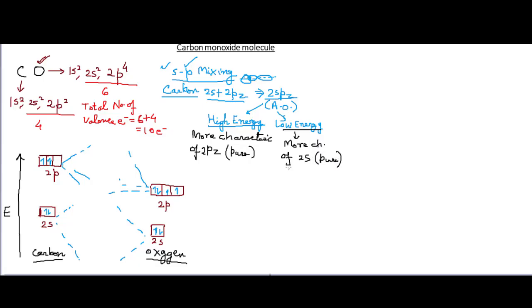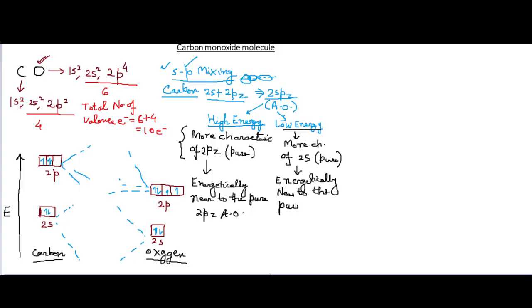What is the meaning of this more characteristic? That means the high energy 2spz atomic orbital will be energetically nearer to the pure 2pz atomic orbital, and the low energy one will be energetically near to the pure 2s atomic orbital, like this.